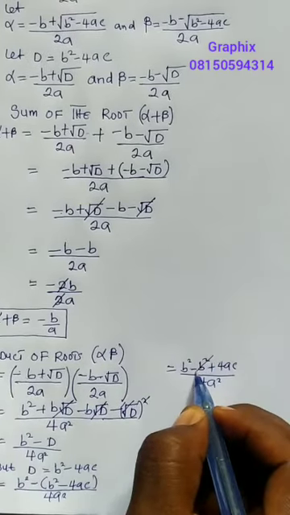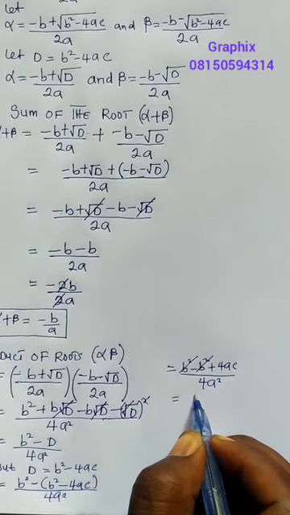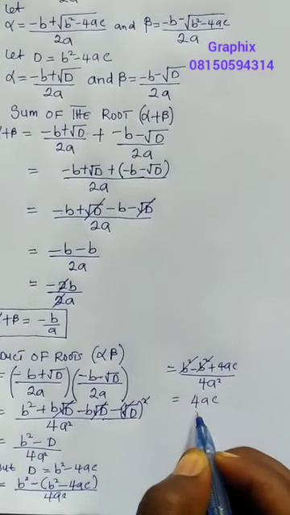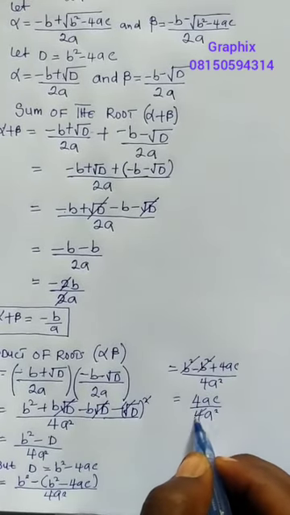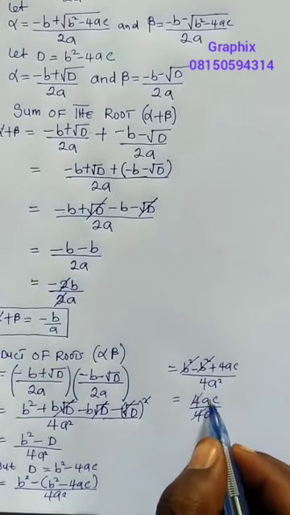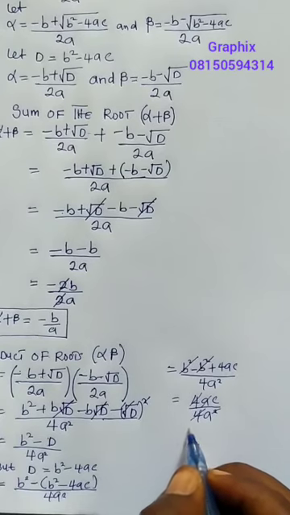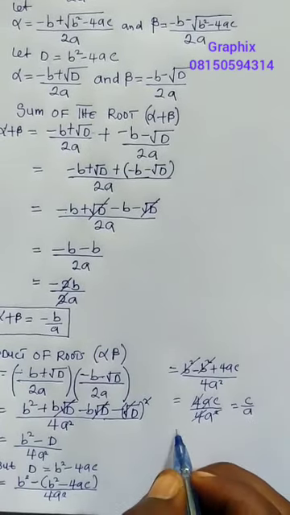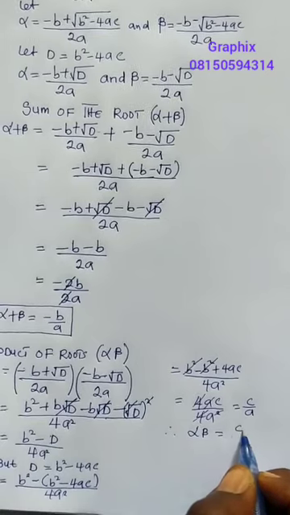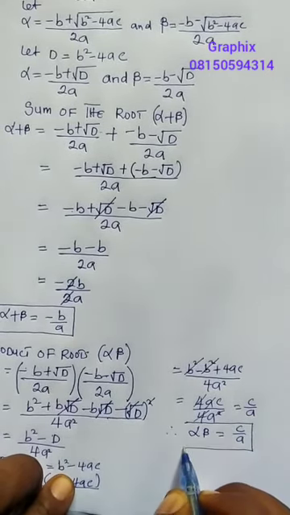So minus b squared cancels b squared, and we'll be left with 4ac all over 4a squared. So 4 will cancel 4, and one a here will cancel another a here, so we're left with c over a. Therefore my alpha beta will give me c over a. This is another important relationship here.